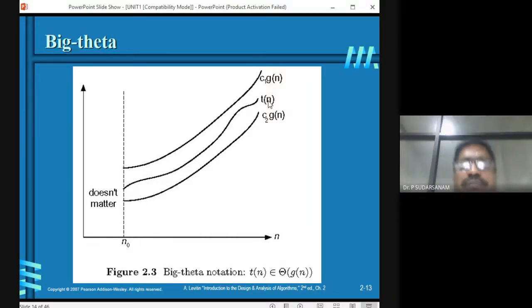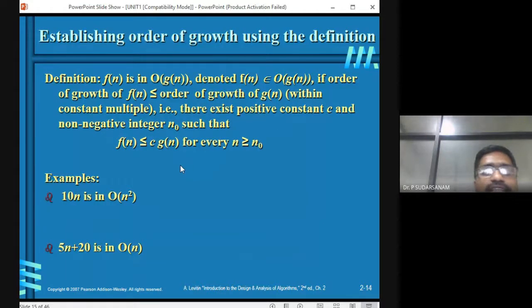How to write the definition: a function T of n is said to be theta of G of n, and it is denoted by T of n belongs to theta of G of n, if there exist positive constants C1 and C2 and a non-negative integer n0 such that C1 into G of n is less than or equal to T of n and less than or equal to C2 into G of n. That is what you have to write for this definition.